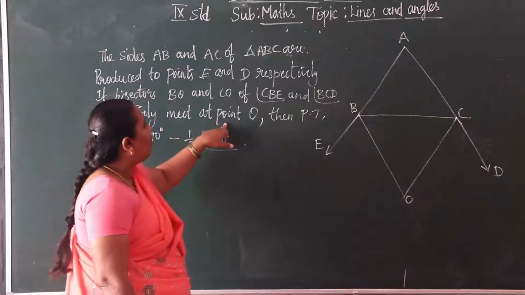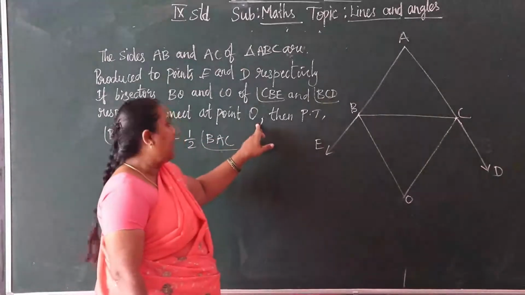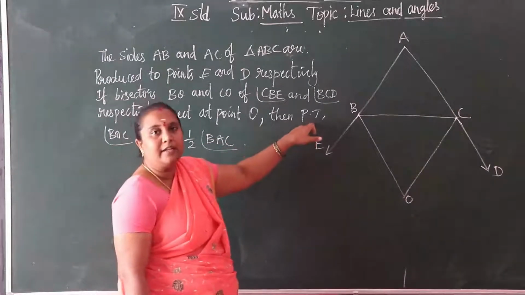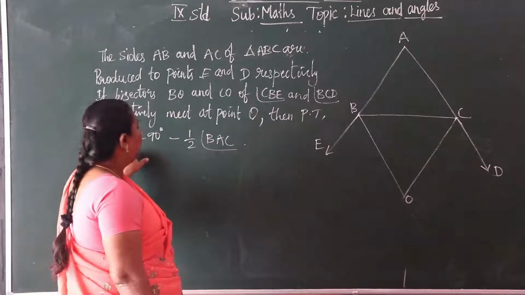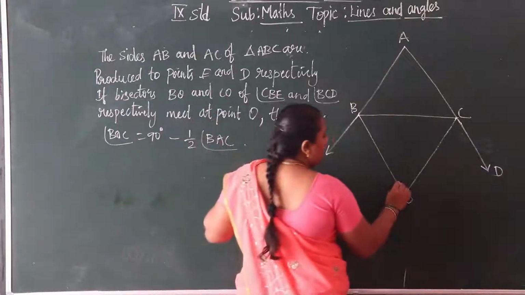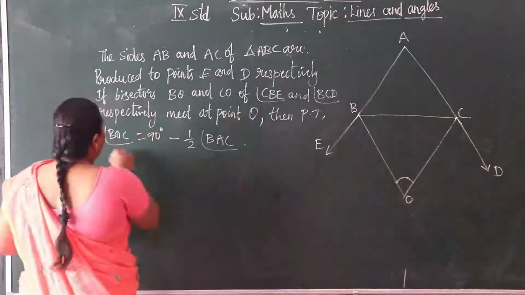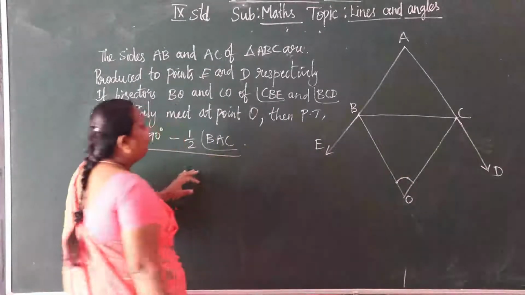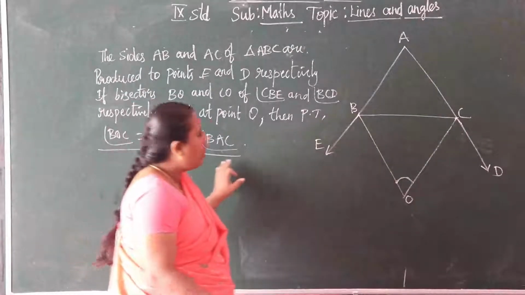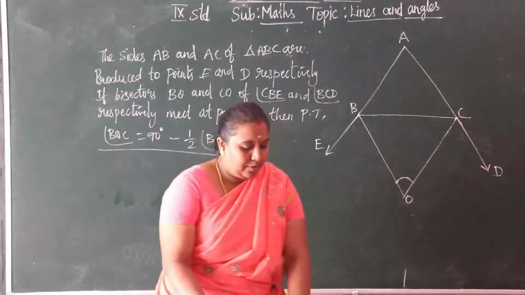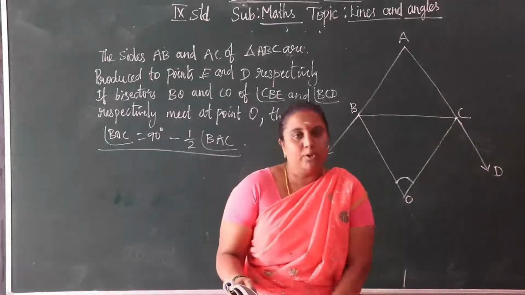Angle CBE has the bisector BO, and angle BCD also has the angle bisector CO. Both meet at point O, the intersection of the angle bisectors. Then we prove that angle BOC equals 90 minus half of angle BAC. That is what we want to prove here.